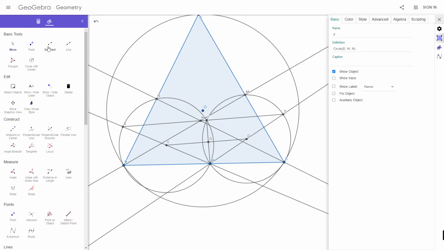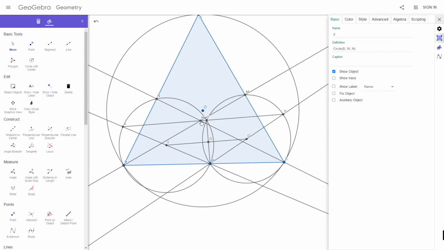So the idea is that we are going to show the angle HFW is 90 degrees. The reason is, if we can show that HFW is 90 degrees, then we know that X, H and Y must lie in a straight line, because we know that XFW is 90 degrees.